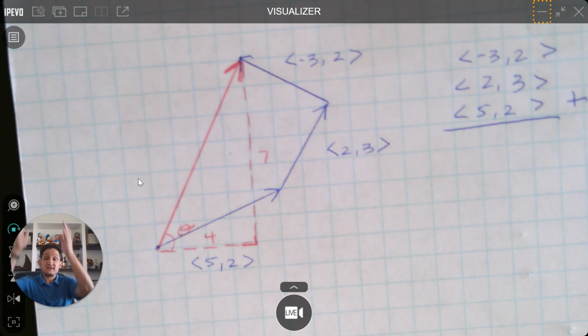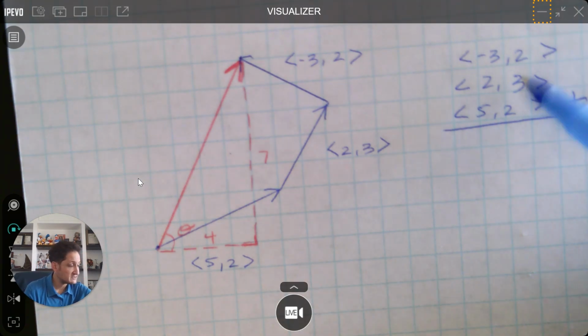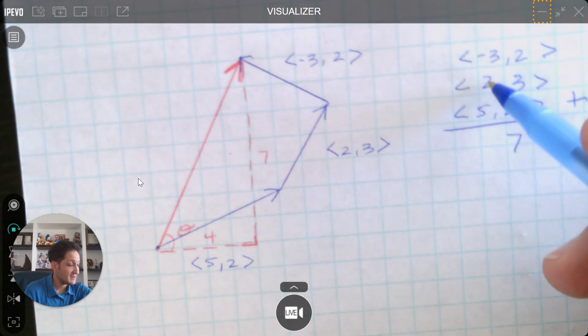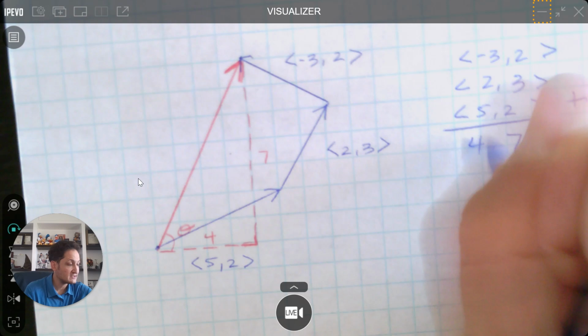All you're going to do is add up all of your x horizontal components and all of your y vertical components. 2 plus 3 plus 2, that's 7. 3 and 2 is 7, minus 3 is 4.